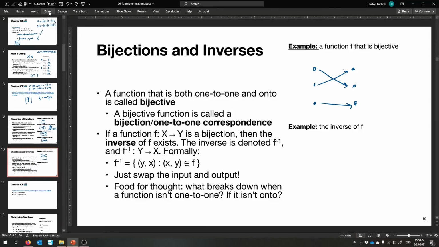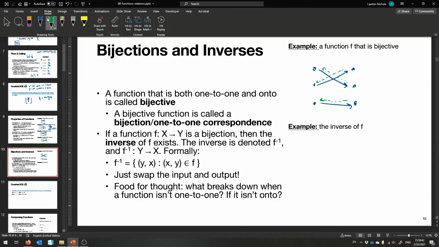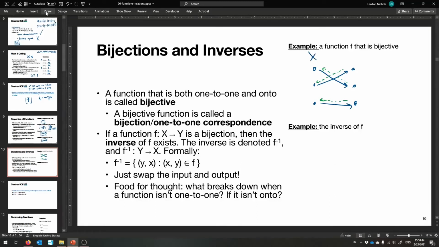We can always redo these arrows, and we are guaranteed to have a function in this direction. You see that? It's beautiful. So that's our inverse. This is our function f, and our inverse is the dotted line. Let me draw it like this. Let's pretend that this was the set X, this was the set Y. So the inverse is Y to X, or we're going to have X and Y in the same place, I guess. If only I could remember to do that.